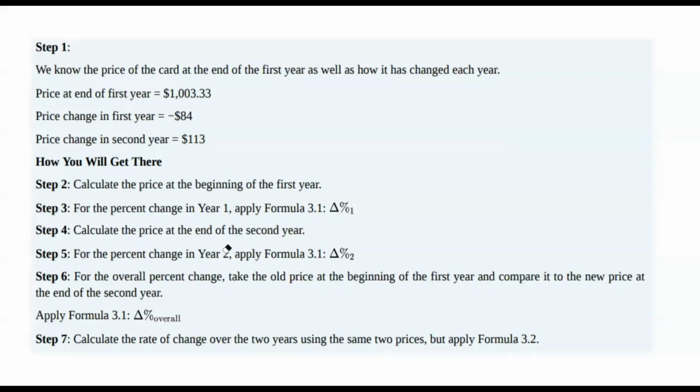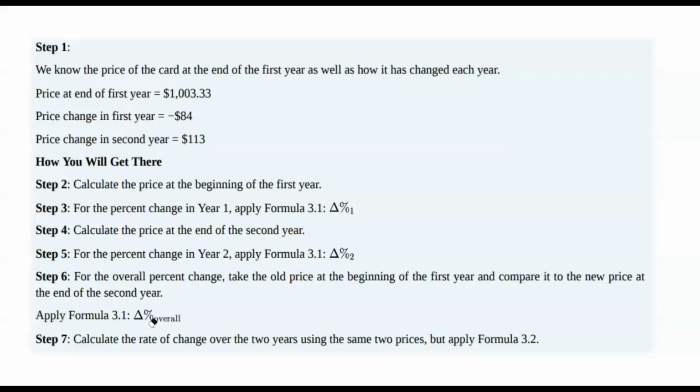Good. And then they want the overall percent change, which again isn't very hard. You take the price from the beginning of the first year to the end of the second year, subtract them, divide over the original price, times 100. Again, it is the old one.